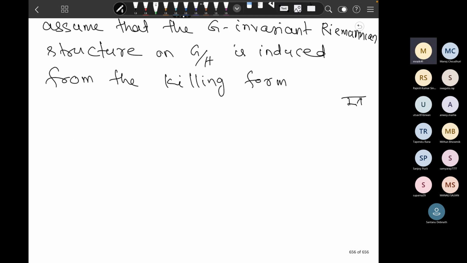Now again, different type of discussion. So let M be the Riemannian manifold R^m, and N is Riemannian manifold R^n.